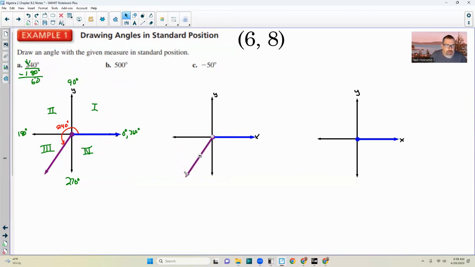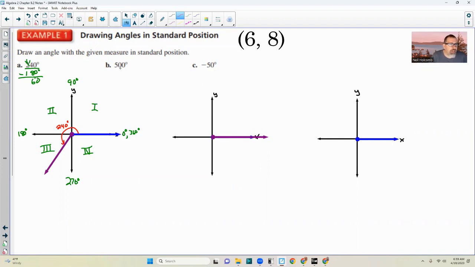Obviously you can't do this without a computer. If you're doing this on paper, you have to do this by hand first. So let me just set this right there. Okay, so that's a 0 degree angle. The initial and terminal are at the same location. It's either 0 or 360 or any multiple of 360, depending on how many times it's spun around.